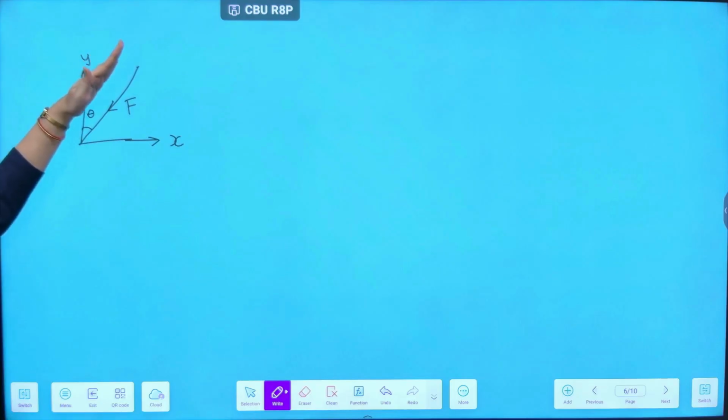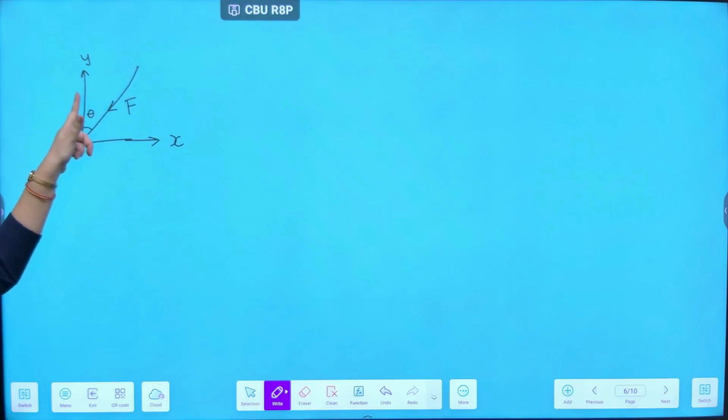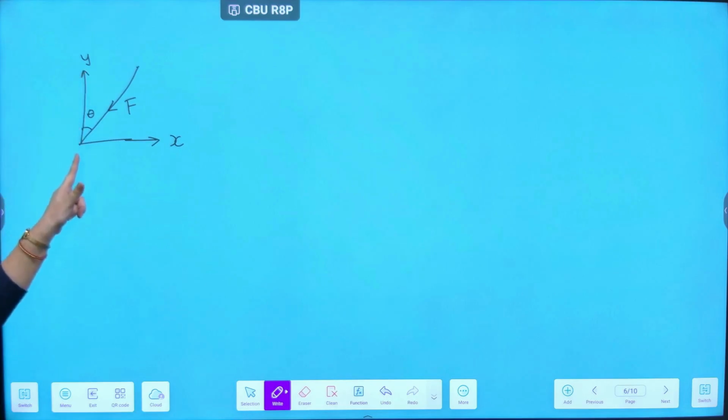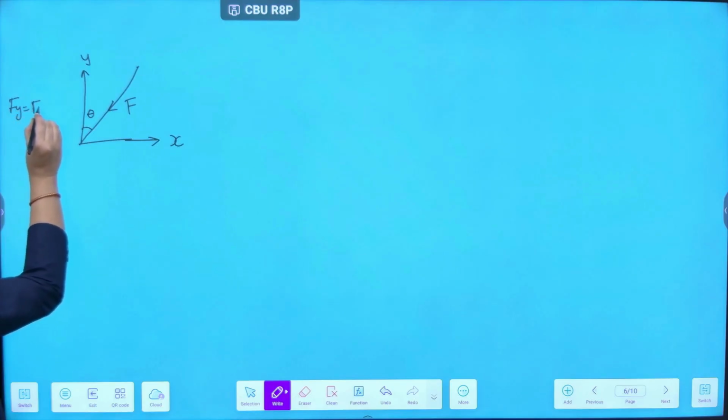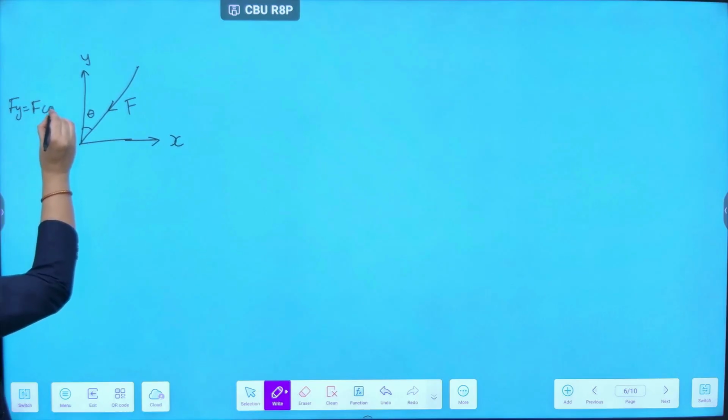So here my force F is making an angle theta with respect to the y-axis. So Fy over here is F cos theta.